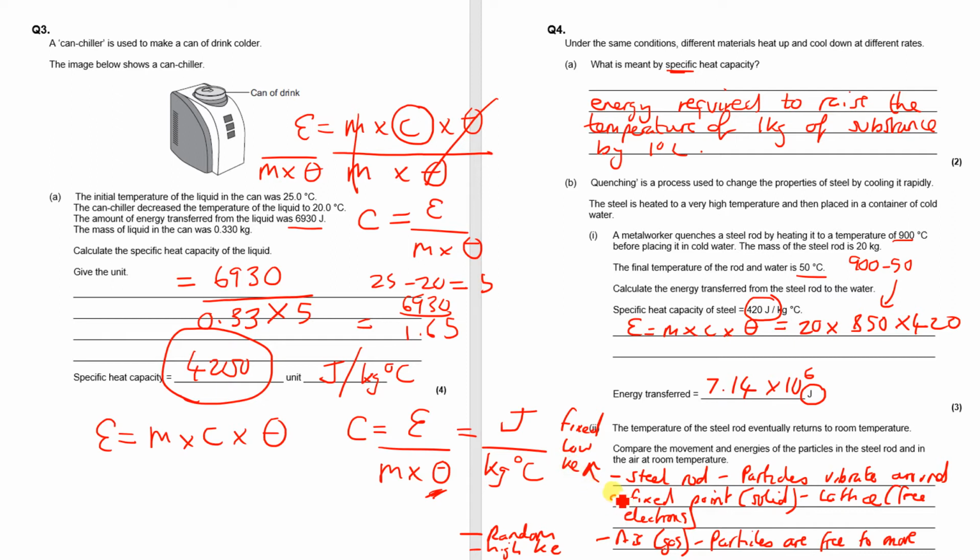Now remember, in a solid, it's not specifically asking for this, but you need to remember they have much stronger bonds between the particles. So if this is a solid, the particles are held together in a lattice by stronger bonds. In a gas, there are no or very weak bonds between the molecules or particles, and therefore they are free to move with much higher energy.